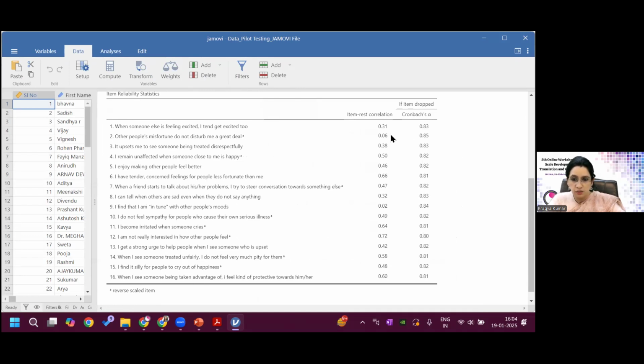If you see the item rest correlation, the item 2 is performing low and item 9 is performing less. The rest is okay. The same finding is there in the Jamovi also. So if it is okay up till this point, I think any other question before we end?